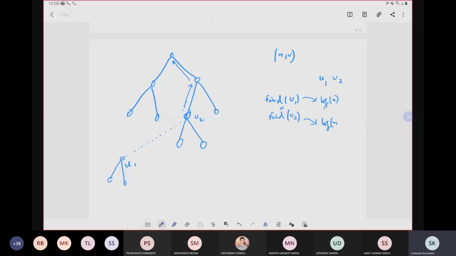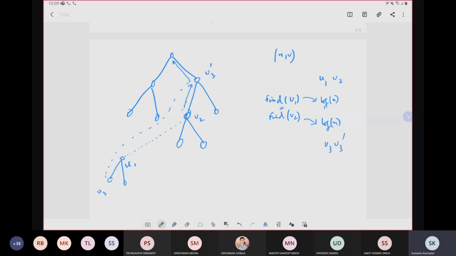Now suppose after this operation, I see that there is another edge in this list. Let's say this is U3, and this is U3 prime, and let's say there is an edge like this in the original graph. Now I will do the same thing.